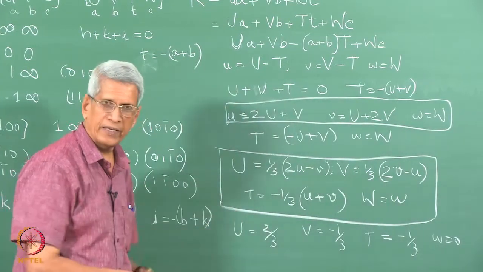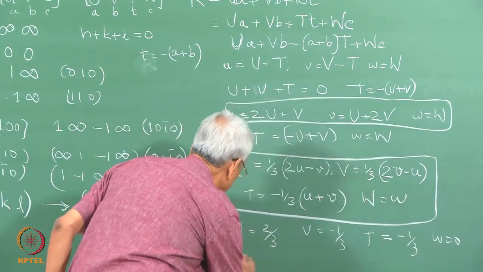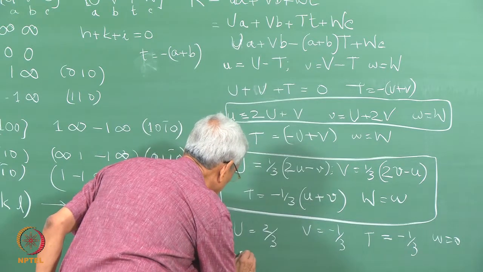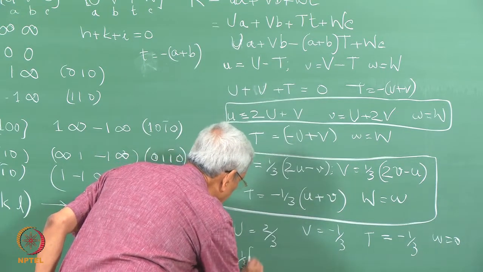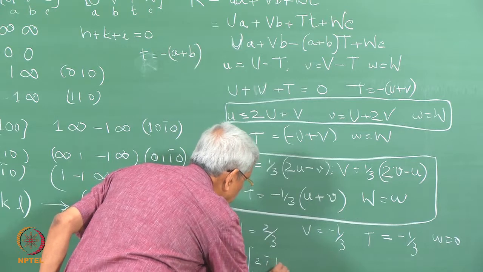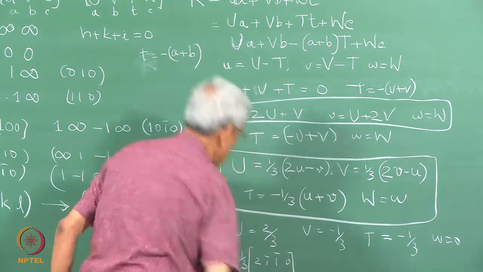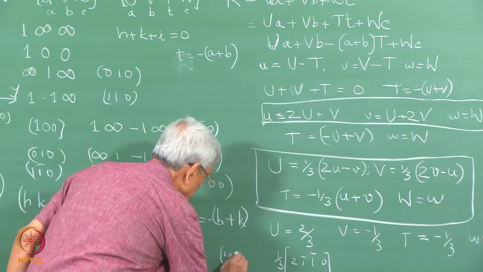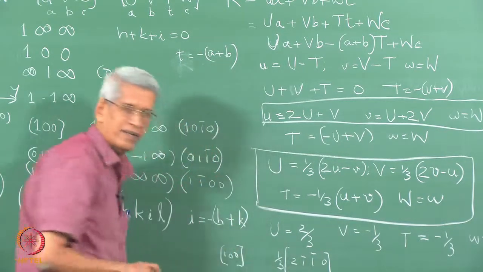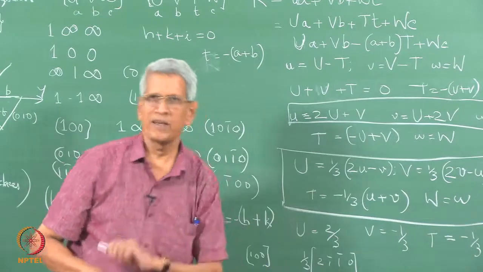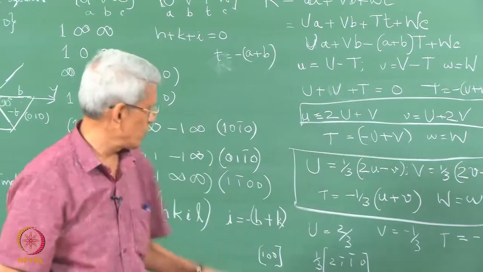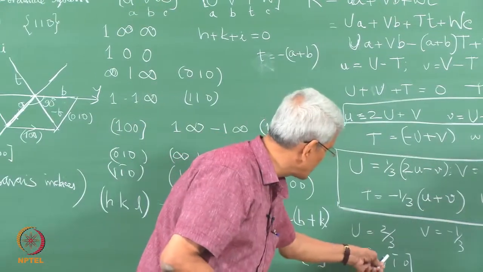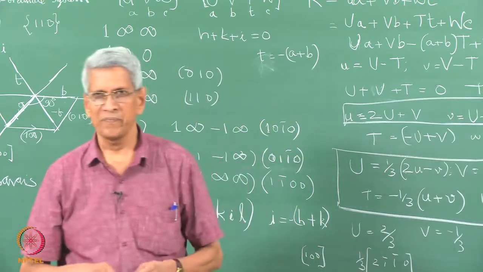Now if we write this, this vector will be 1 by 3 into (2, minus 1, minus 1, 0). That is the 1 0 0 direction; the magnitude turns out to be this vector. Or the 1 0 0 direction is nothing but the 2 1 bar 1 bar 0 direction.